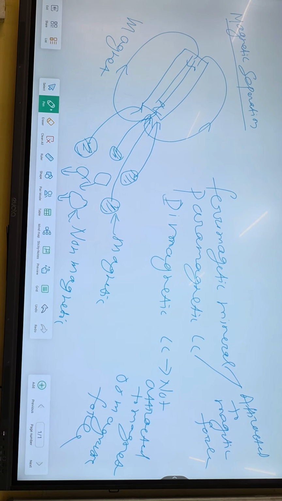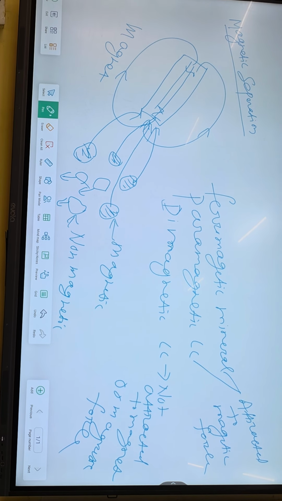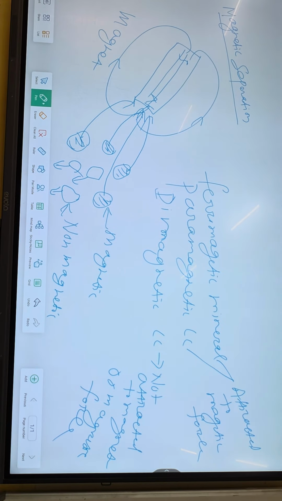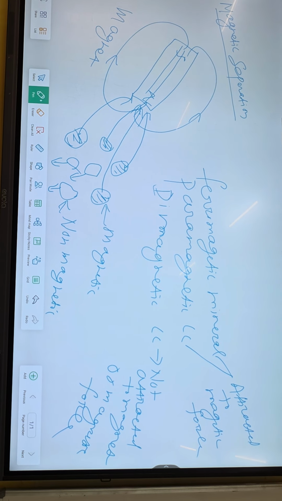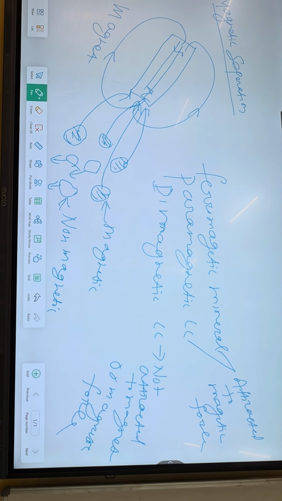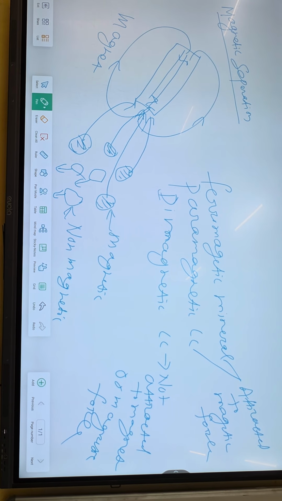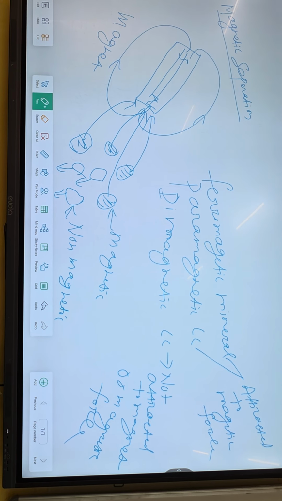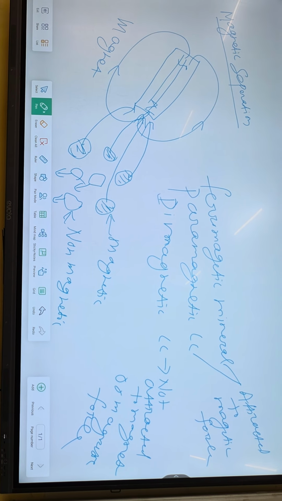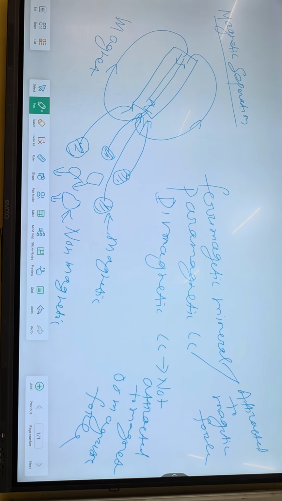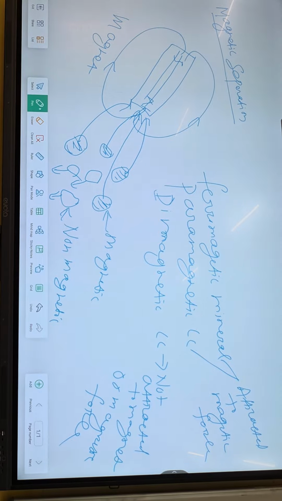So as a base example you can give magnetite. Magnetite is ferromagnetic actually, right? Magnetite is one of the examples which is ferromagnetic. That means it is strongly magnetic. If you bring a magnet to a ferromagnetic material, it will get attracted. So just imagine you are mining magnetite from the earth's crust, and you are doing mineral processing. You are doing crushing, grinding, and finally classification, and you end up with powders.